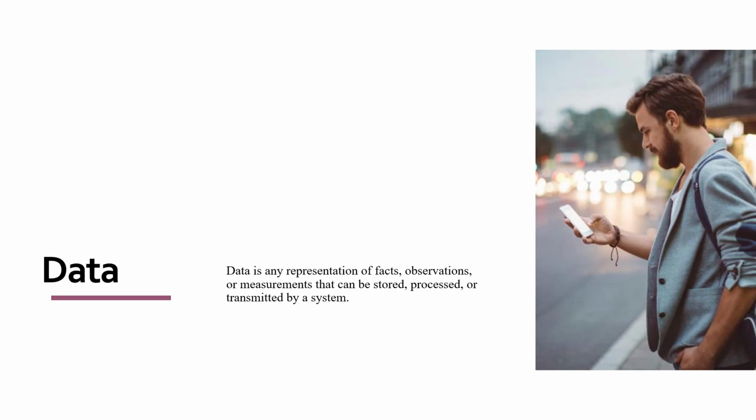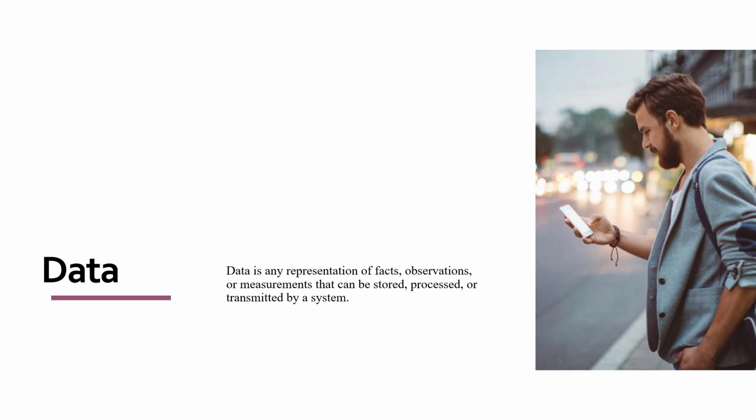So what is data? Data is a representation of facts, observations, or measurements that can be stored, processed, or transmitted by a system. Some examples are raw facts, numbers, text, sensor readings. Another one is user-generated content: forms, messages, uploads.